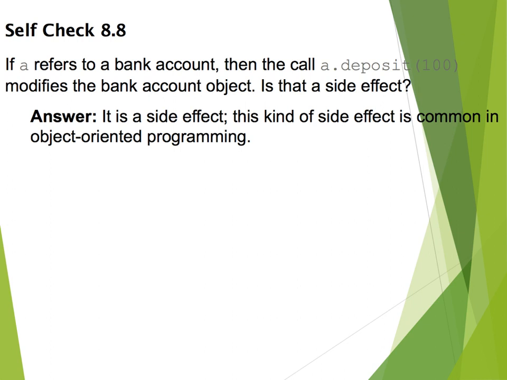So if a refers to a bank account, then a.deposit(100) modifies the bank account object by increasing its implicit variable balance by 100. So it is a side effect, but this kind of side effect is common in object-oriented programming, and it's inevitable.